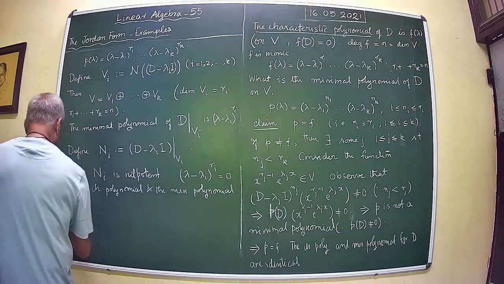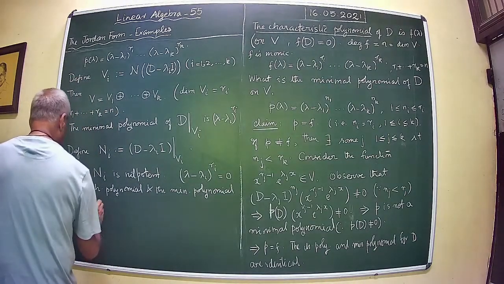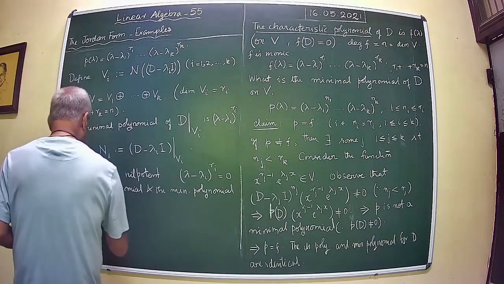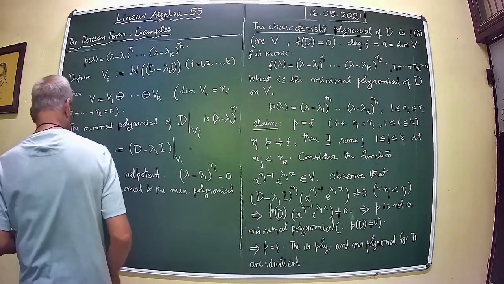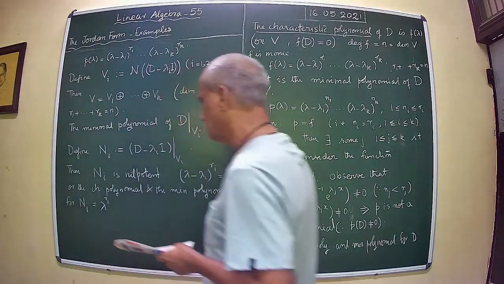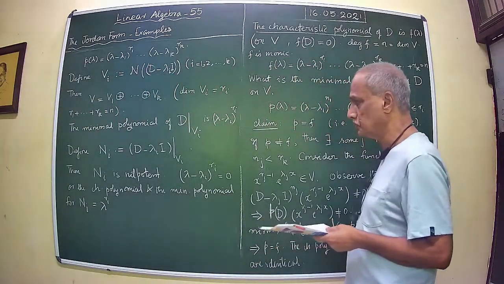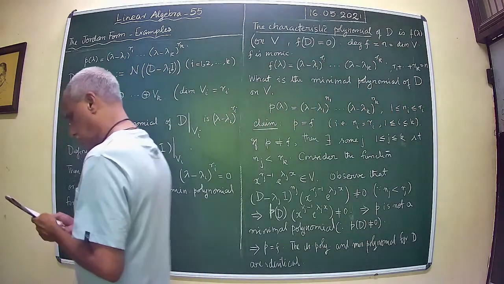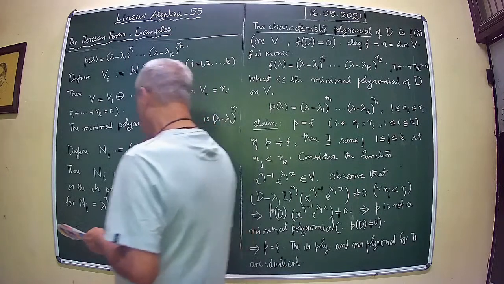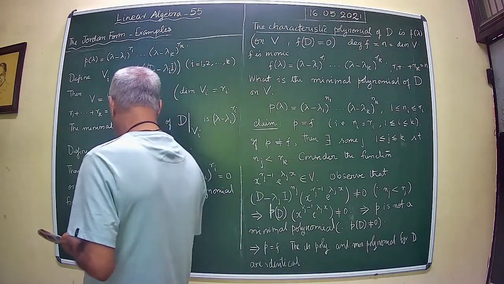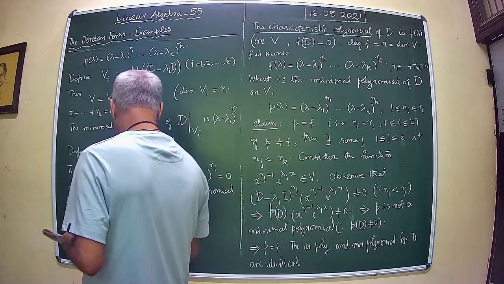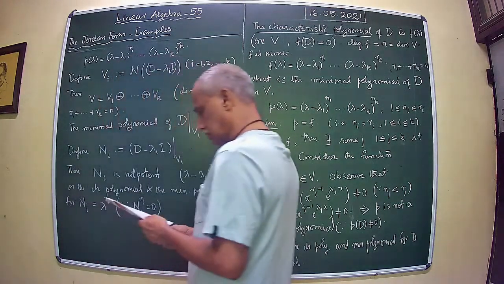For Ni, lambda to the power Ri, because since zero.